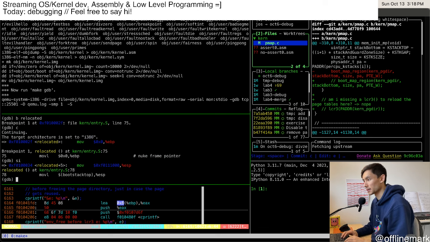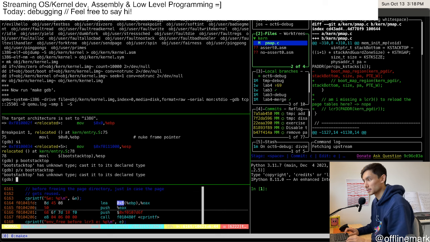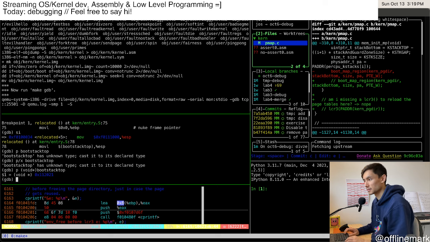So step I, p boot stack top. It's unknown type. Cast it. Boot stack, that's a very low number. That's a physical address.